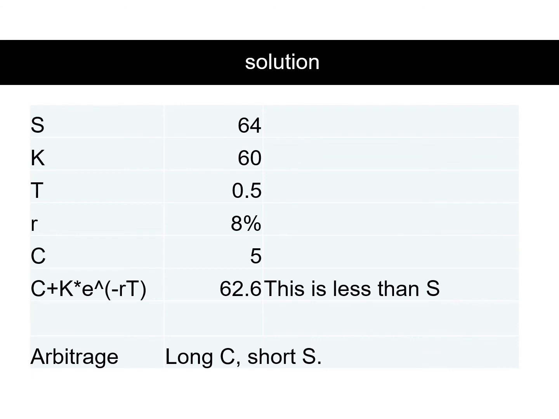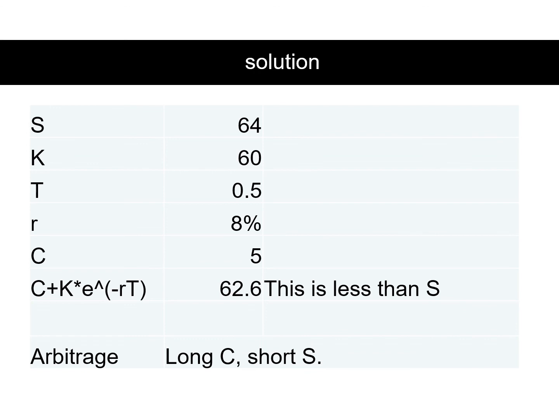Solution. So we list all the parameters. Stock price 64, strike price 60, time to maturity 6 months, risk-free rate 8%, call option price $5. So from put-call parity, we can calculate C plus K e^(-rT).